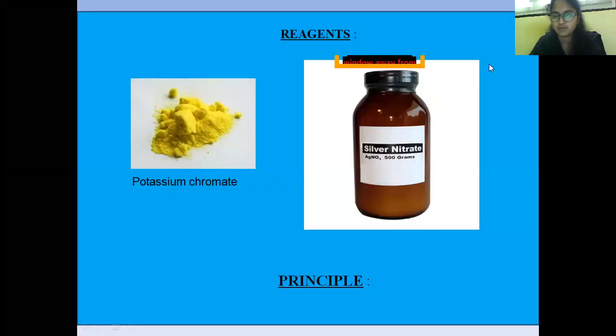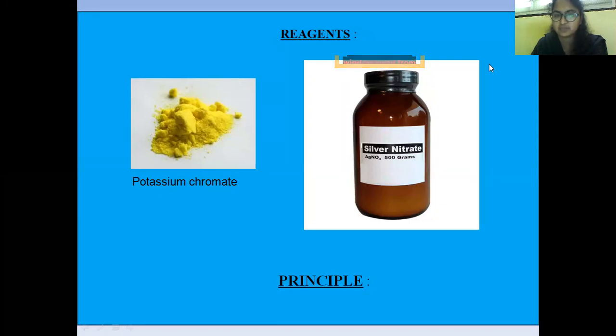Chlorides are determined in a neutral or slightly alkaline solution, which is pH 7 to 8, by titrating with silver nitrate using potassium chromate as an indicator by the Mohr method, and silver nitrate is quantitatively precipitated before red silver chromate is formed.